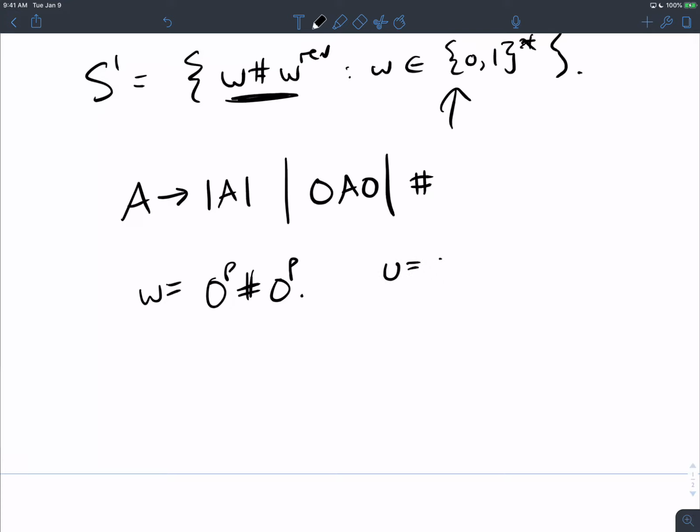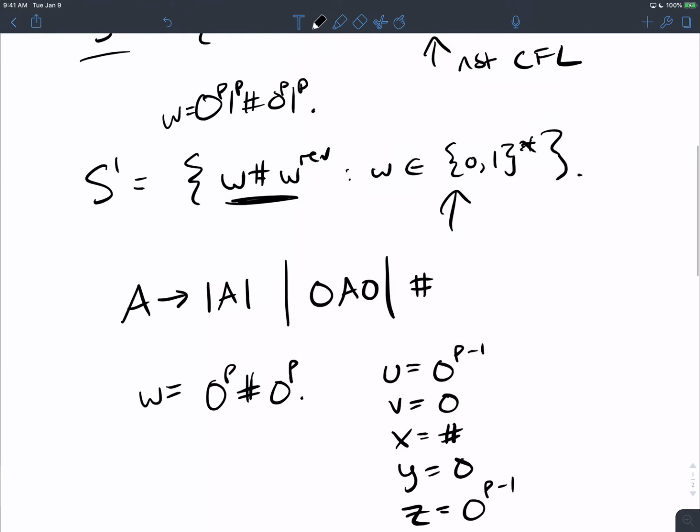Let U be 0^(p-1), the V part be a single 0, the X part be the pound sign itself, Y also be a 0, and Z be the rest, which is p-1 other zeros. No matter what happens here, I'm putting in an additional copy of V and Y in those places. And so therefore, we're putting an additional copy of 0 on both sides, and so we have the same string on both sides. We never leave the language for that reason.